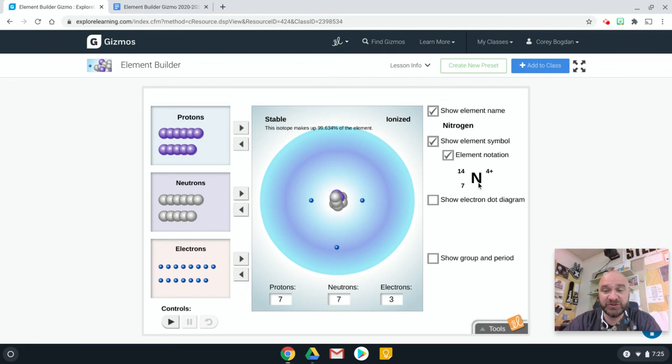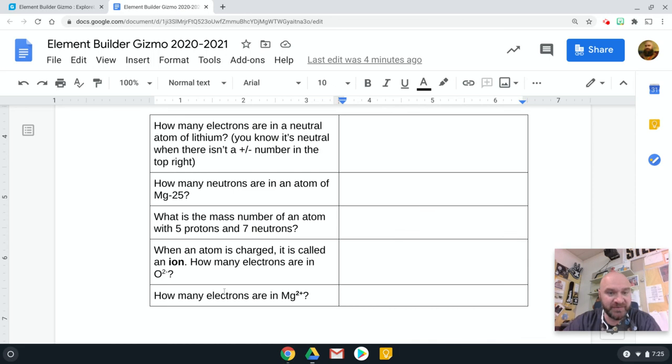So make your screen say O, -2, then look for your answer, how many electrons there are. And then same thing here, how many electrons are in Mg +2? Change your element to magnesium, change your charge, the top right number, to be +2, and then you can answer the question. That's pretty much it, and I hope that was helpful for you.